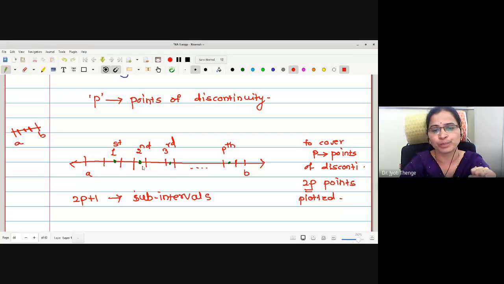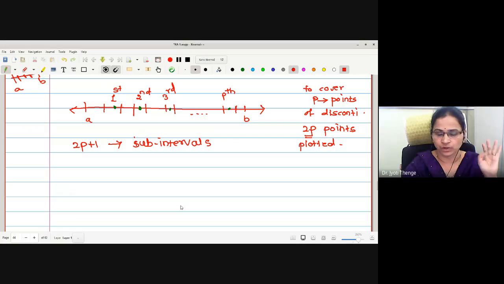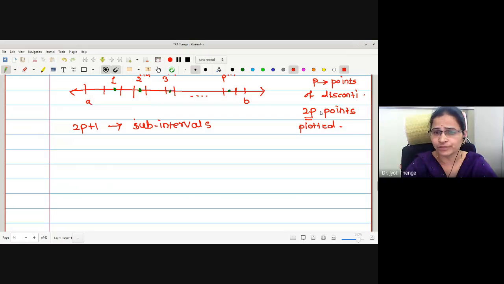Therefore, to cover p points of discontinuities, we have plotted in all 2p points in the closed interval, and due to these 2p points plotted, we have obtained 2p plus 1 subintervals. Is it clear to everyone?